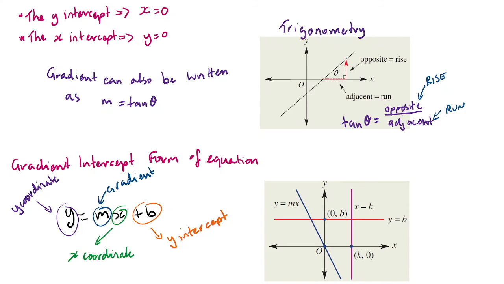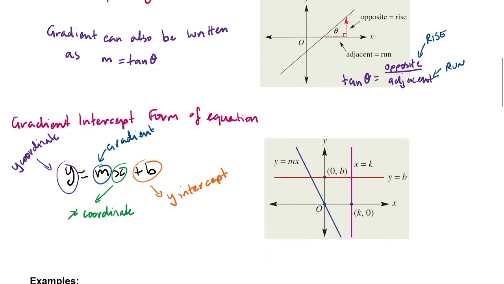Now you can see one last diagram there that we need to have a quick chat about. There are some special lines, so we can have a horizontal line. The horizontal line is this one here, and that's just whatever the y value is.